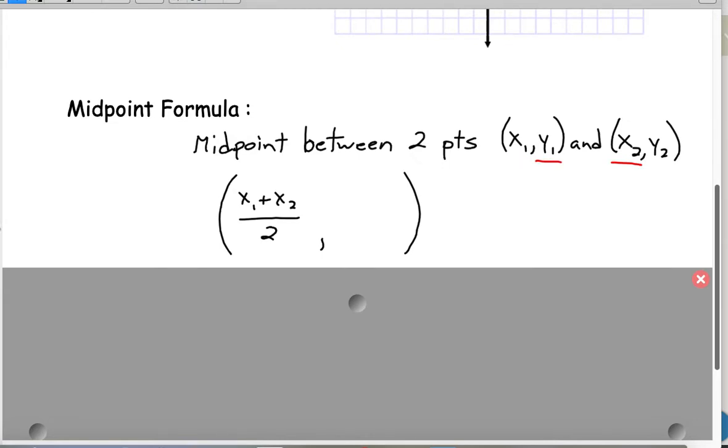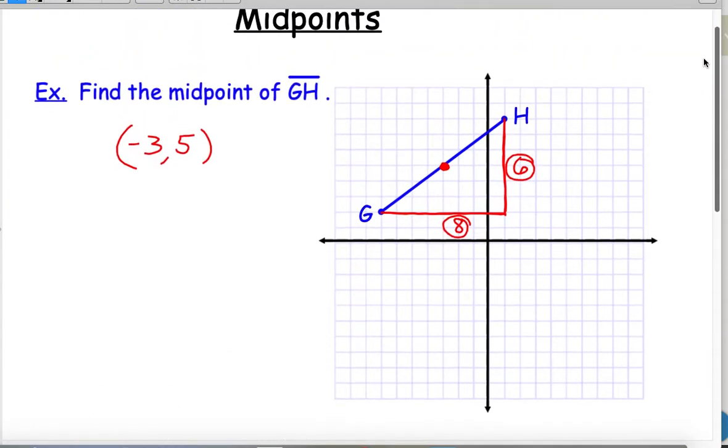And then we're going to average the y numbers: y sub 1 plus y sub 2 divided by 2. And that's the midpoint formula. So you'll have numbers for x sub 1, y sub 1, and numbers for x sub 2, y sub 2, and you'll plug those numbers into these spots, calculate it, and you'll be done. So let's try and do that with this first problem.